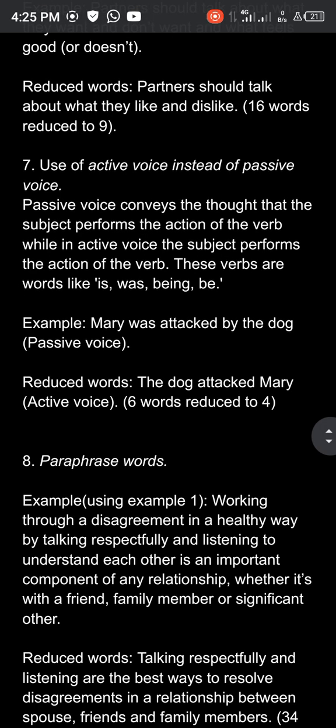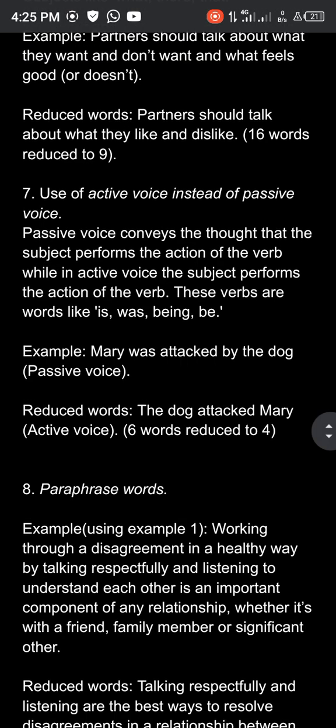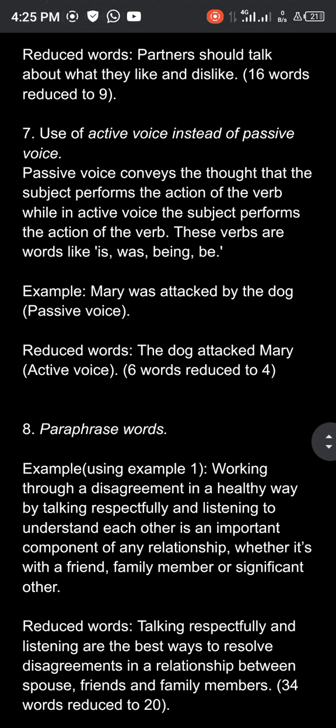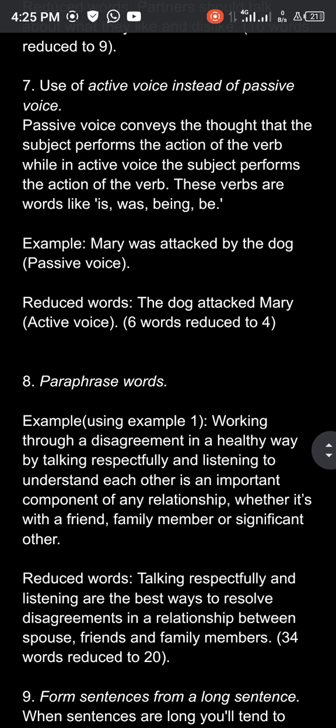The subject should be who is performing the action, not the other way around. Before the examples, there are verbs like is, was, been, be.